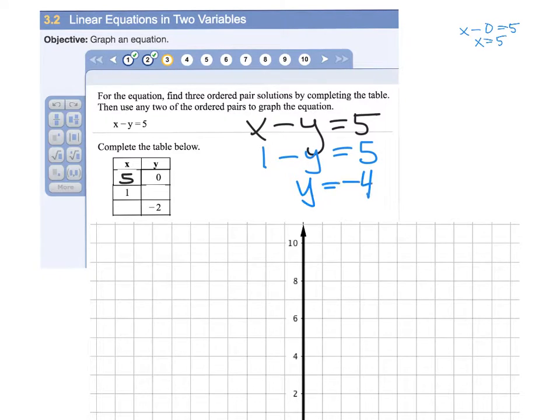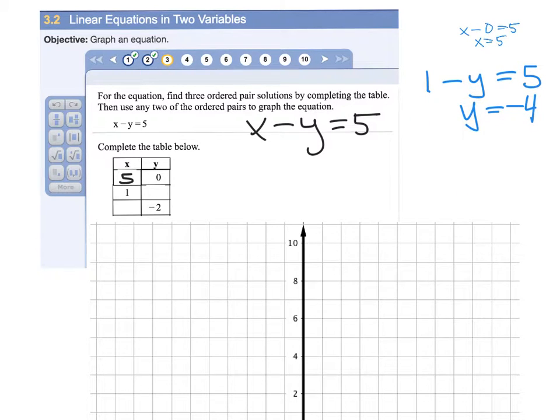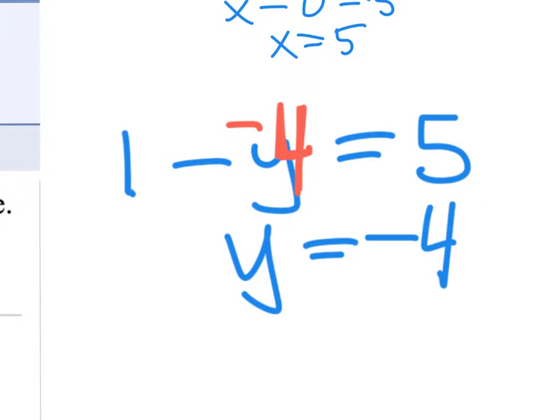All right, so how did we get y is equal to -4? Well, the way you subtract is the minus sign turns to a plus sign, the second number turns to its opposite, and so now you have 1 plus 4 equals 5. So that means, in order for that to work, y needed to be a -4.